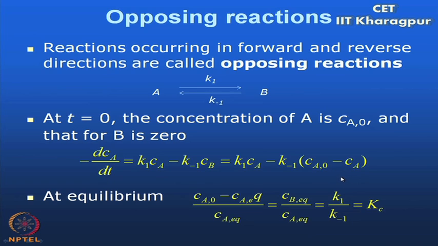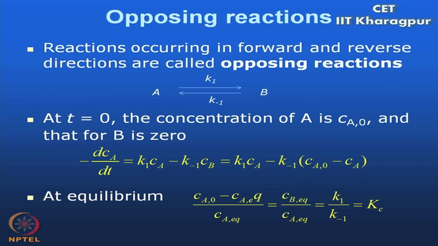So, at equilibrium what do we get? Basically Ca0 minus Ca, this will be Ca equilibrium, with a small e like this. At equilibrium, you will be getting Cb equilibrium by Ca equilibrium is equal to K1 by K minus 1, which is nothing but the concentration equilibrium constant Kc.